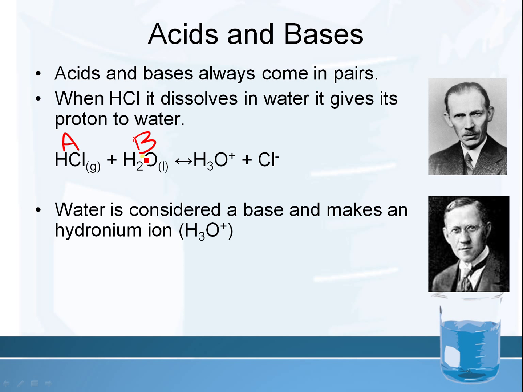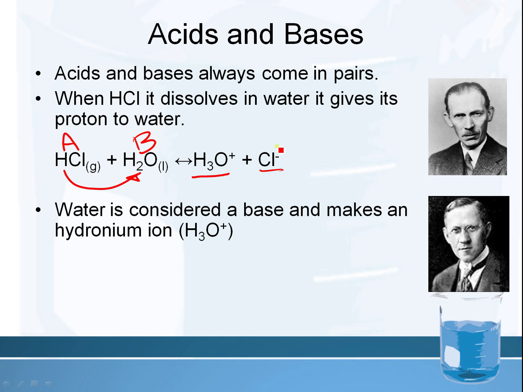It can also act like an acid in other situations, but for this one, it's acting like a base. The hydrogen will go with the water to form a hydronium ion, and then chlorine will be by itself. So in this case, HCl is a Bronsted-Lowry acid, and water is a Bronsted-Lowry base.